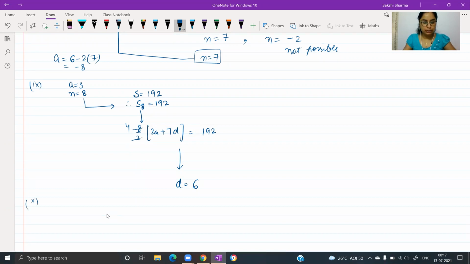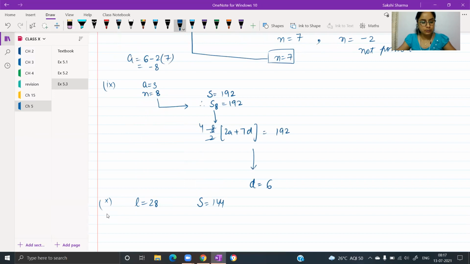10th part of the question, you're given l as 28, S as 144, and the number of terms as 9.